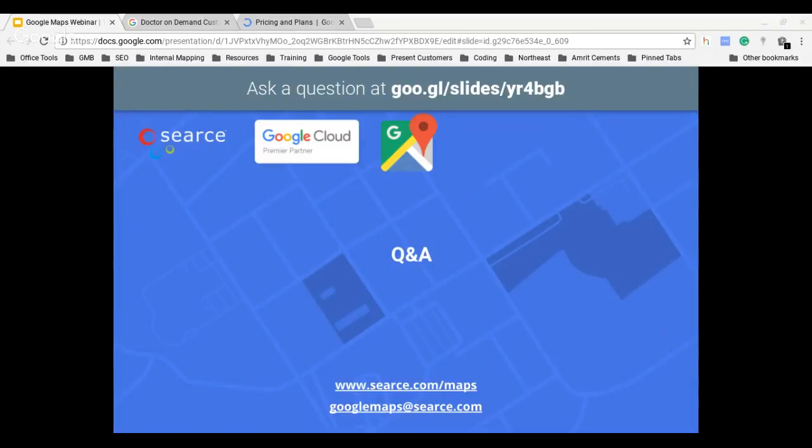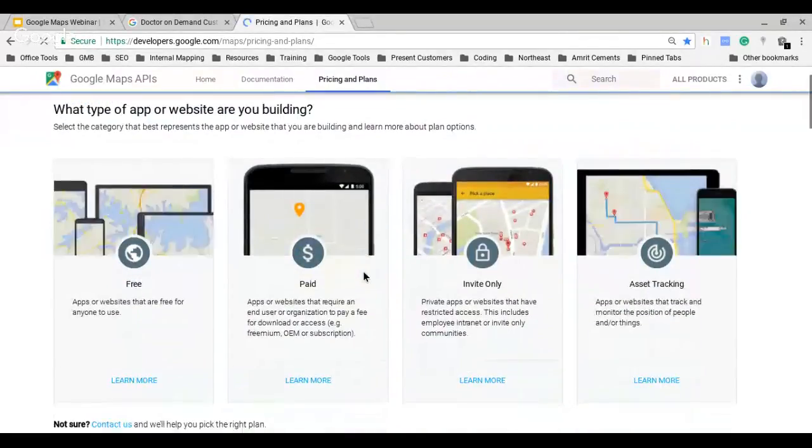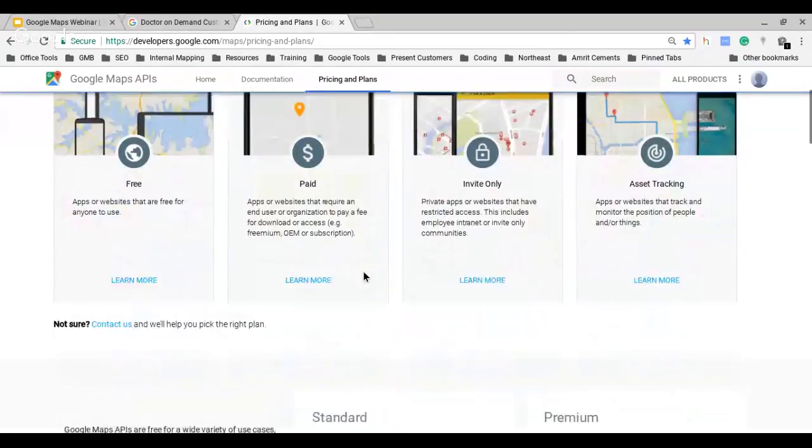Meanwhile, I'll just check out the other questions as well. So can I use this to create an internal app for my own company? Absolutely, you can do that. And in that regard, I would like to tell you how the licensing works. So there can be 4 different use cases: free, paid, invite only, and asset tracking, right?